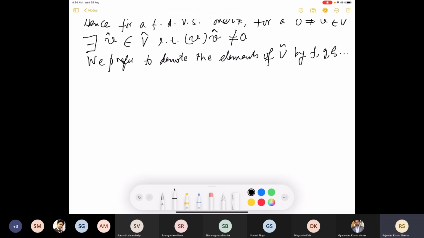In any case, if V is also F, then this is a linear functional from F to F. For example, if F is R, this becomes simply a real valued function.